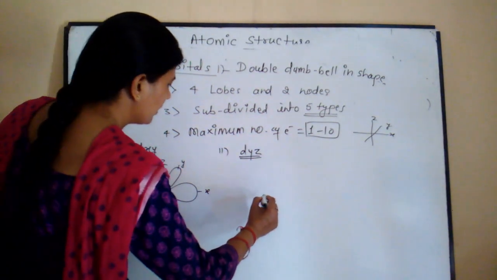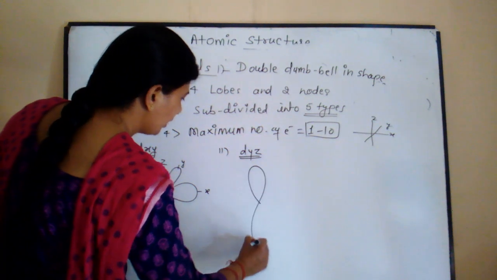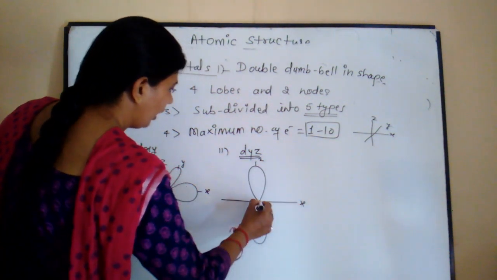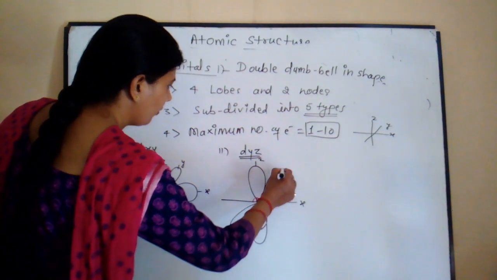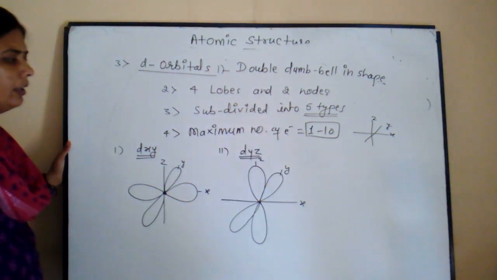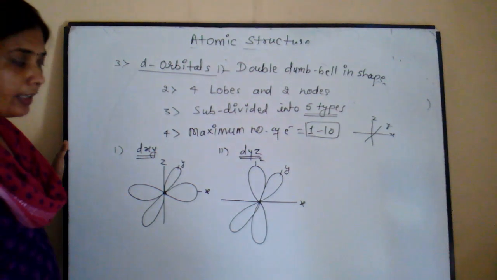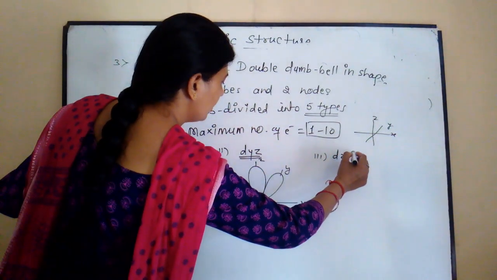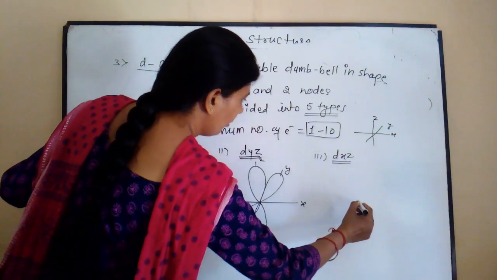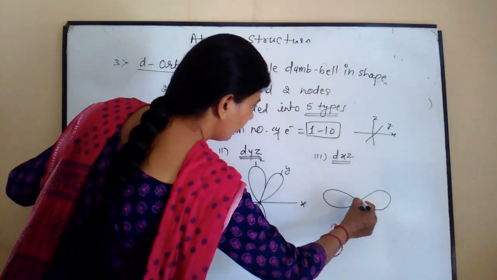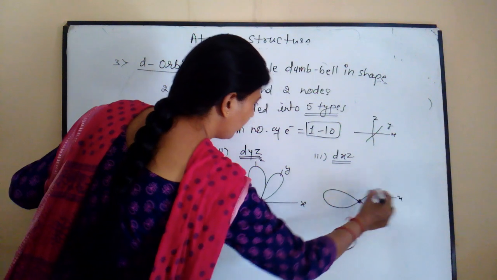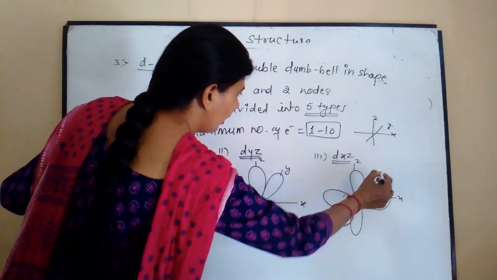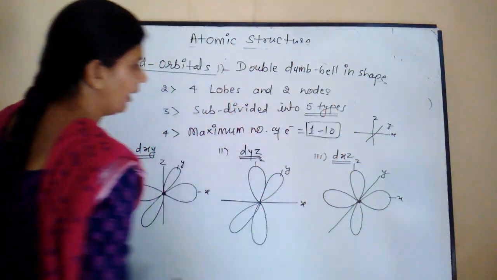If one d orbital is present in z direction and another in y direction, they are called dyz. Third is dxz. One d orbital present in x direction, another in z direction, and the remaining axis is y.